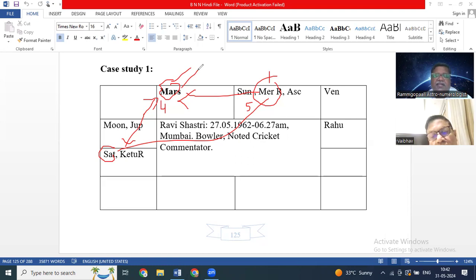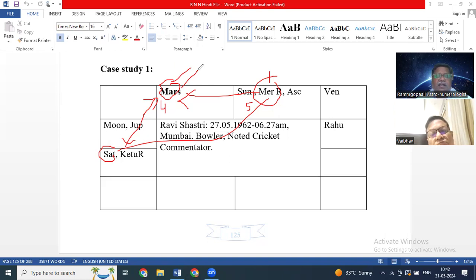I noted he became a cricket commentator later. So the commentator is also Mercury. Mercury is also speech, commentary. That's why Saturn is connected to Mercury. Mercury is the ball. The ball is thrown to the wickets. Mars is the wickets here. So that's why it denotes that Mars is sports and Mercury is the ball.